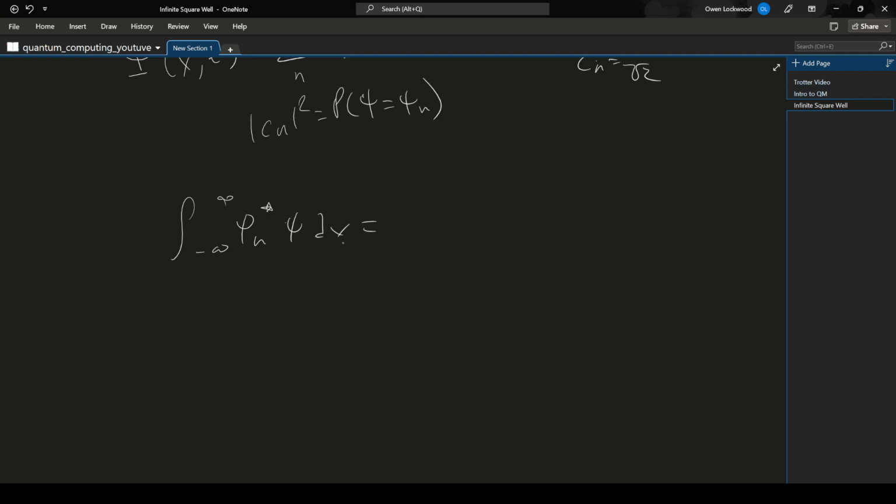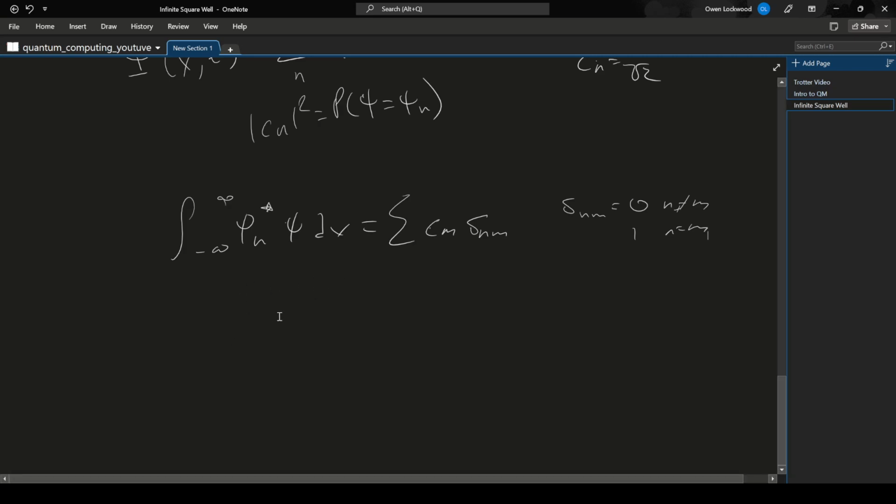You can write this in terms of the equations, you'll do it out, you'll get this, I'm skipping some intermediate steps here. And then basically this function here is 0 if n is not equal to m, and 1 if n equals m. The Kronecker function is what it's called, or Kronecker delta function or something like that.